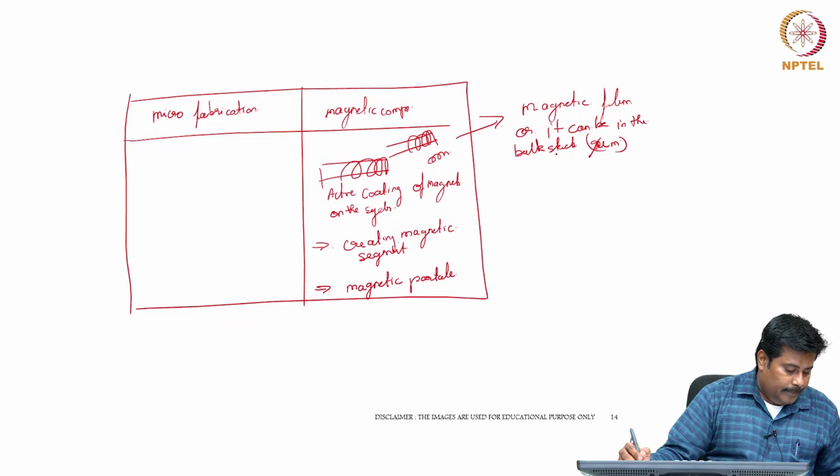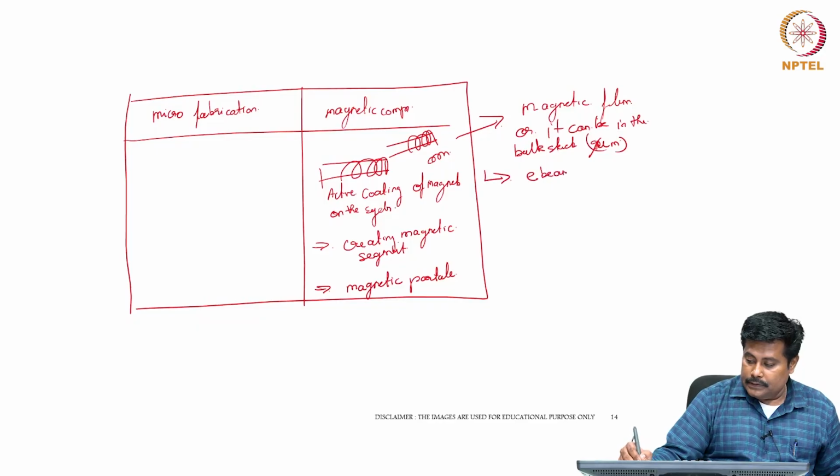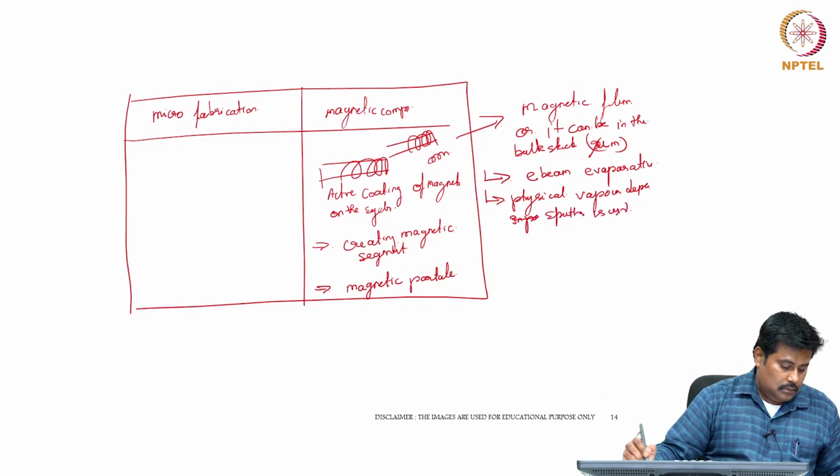The different techniques which are employed for this are E-beam evaporation, physical vapor deposition, in particular sputtering is used, then a dip coating system.